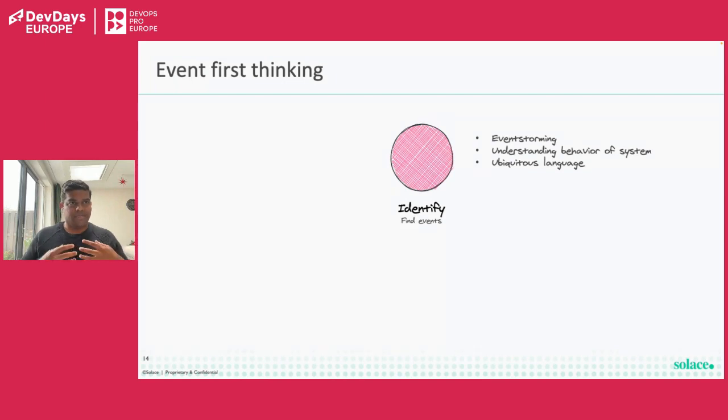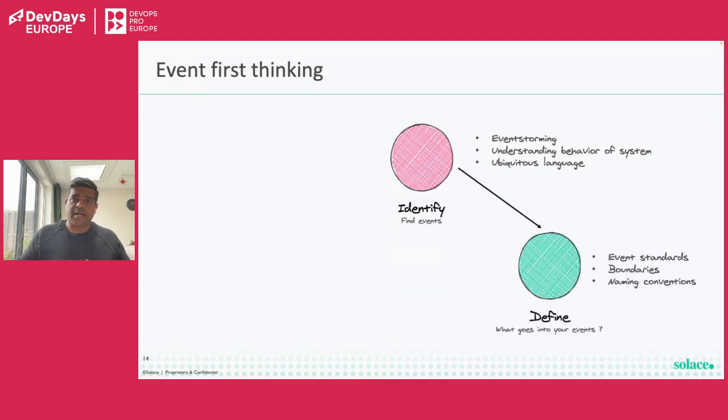Then you start discussing the system. You understand all the facets of that system, and you generally have a nice understanding of the system itself. You create a ubiquitous language, which means that if you say a word or a term, everybody in that room or everybody who is involved in that discussion has a common understanding of it.